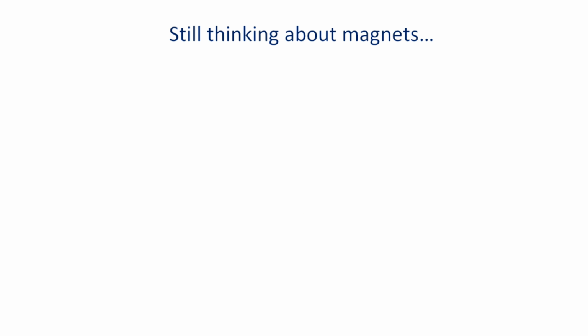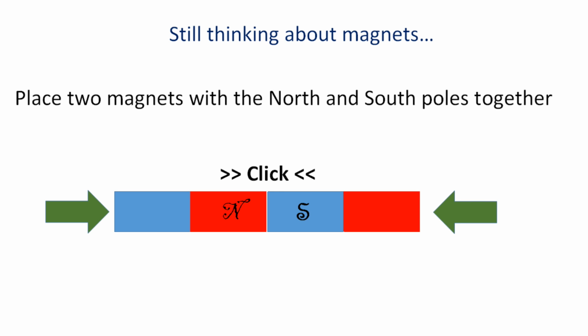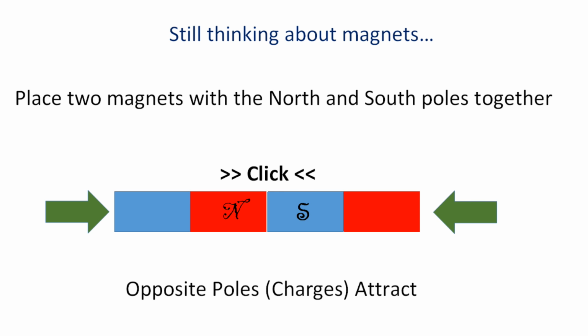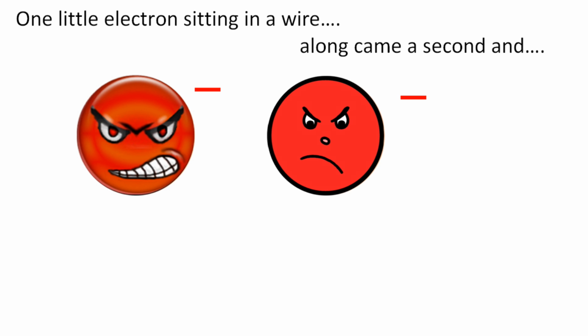Still thinking about magnets, if we put our magnets down with the north and south poles together and then let them go, they're going to suck themselves together, because what we learn in school is that opposite poles, opposite charges attract each other. So here's our electron guy. What would happen if we slide another one close to him?